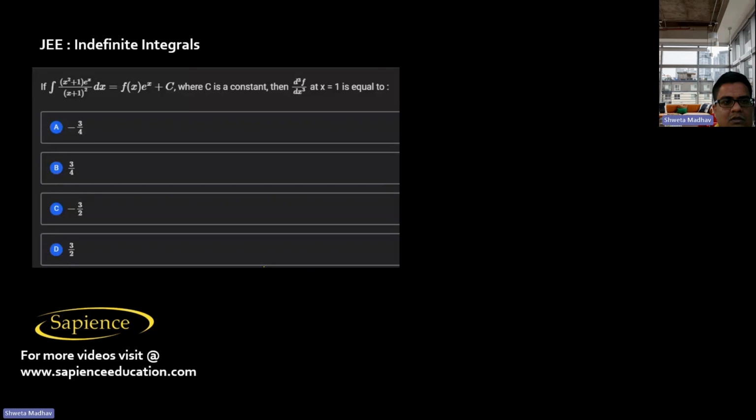So here it is told that the integral of (x square plus 1) e power x dx by (x plus 1) whole square is given as f of x into e power x plus c.